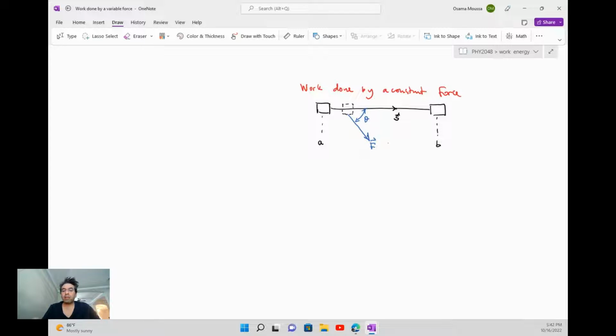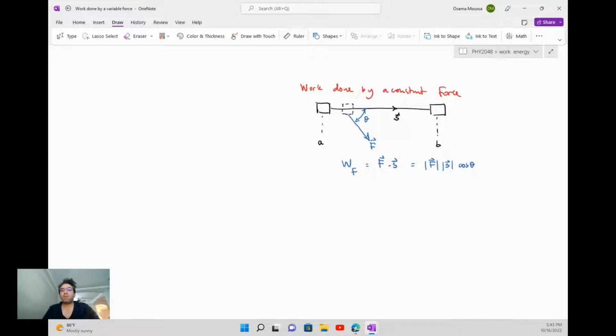And we said that if that force is constant throughout the displacement, then the work done by this particular force as the object is being displaced, the displacement S from location A to location B, can be given by the dot product of the force and the displacement, which of course you can always write as the product of the magnitudes multiplied by cosine of the angle. Otherwise, you can think of it as the component of the force in the direction of the displacement multiplied by the magnitude of the displacement.